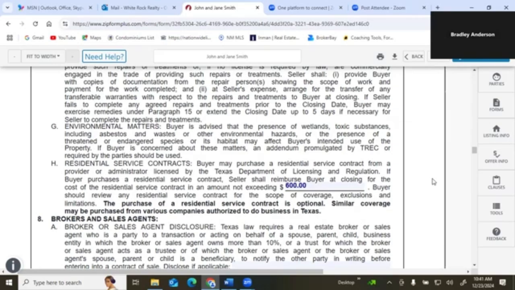You're not to get involved in purchasing it. This is for your buyer to do. And then the buyer writes a check for however much that premium is. And then they are reimbursed on their closing statement for up to $600. And then it goes on to say the purchase of a residential service contract is optional.